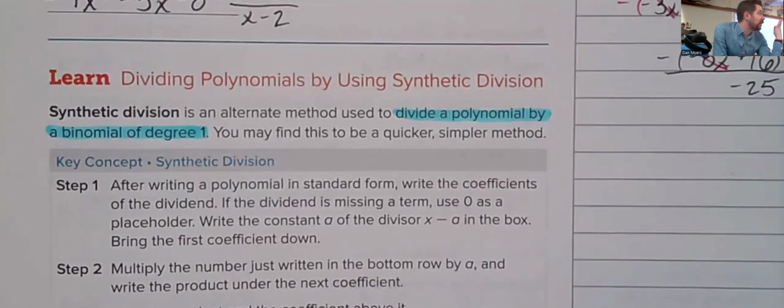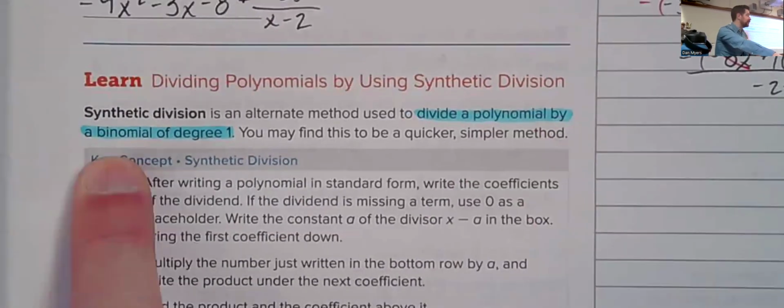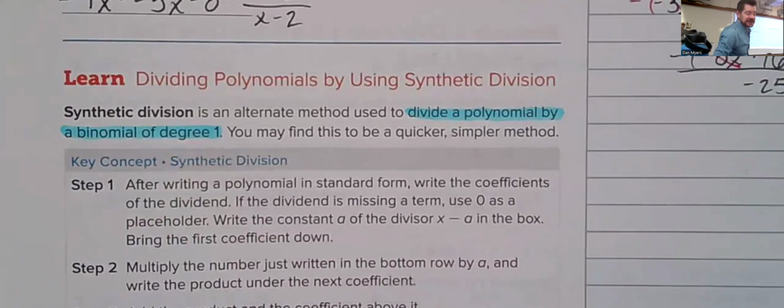If you have a 4-term polynomial divided by a 3-term polynomial, you cannot use synthetic division. This process only works with some polynomial divided by a binomial, and specifically the degree needs to be 1 of that binomial. Meaning you can't have a squared with your variable on your binomial. It has to be a single factor of the variable.